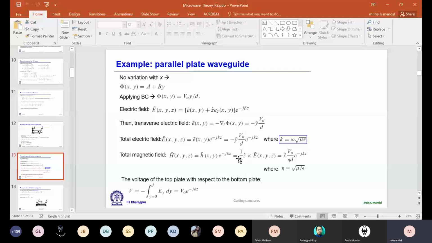So it looks like a transmission line, right? For a lossless transmission line, if you recall, the voltage magnitude remains the same, but its phase changes in the propagation direction.